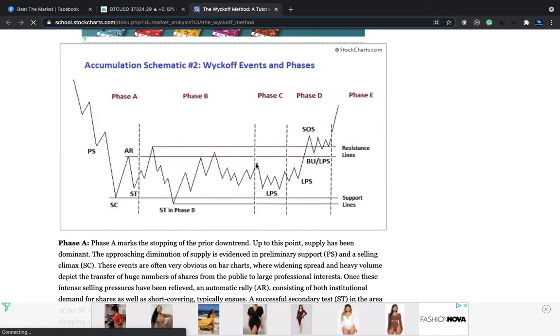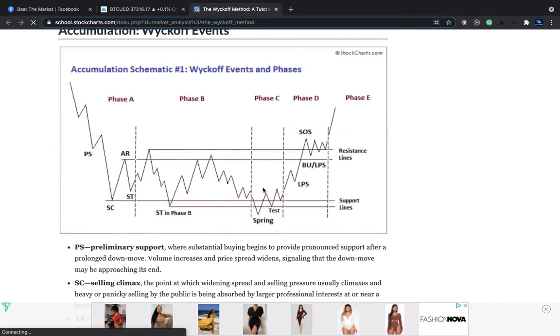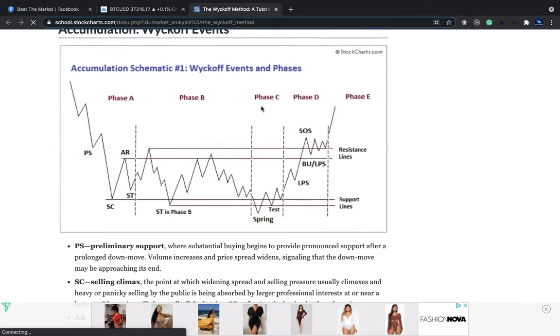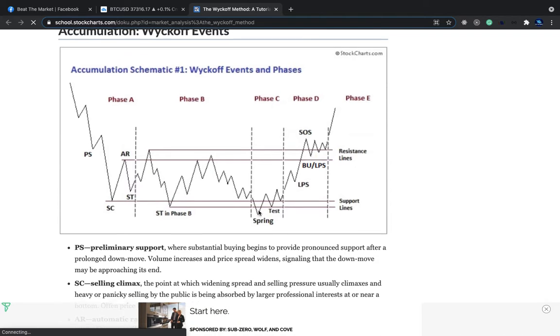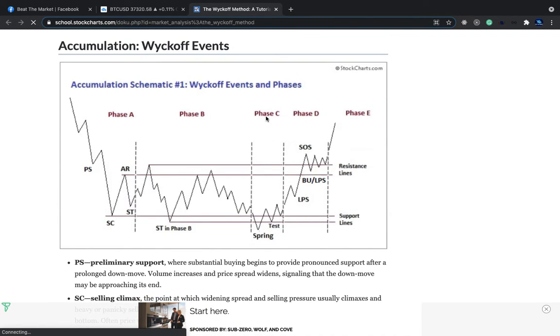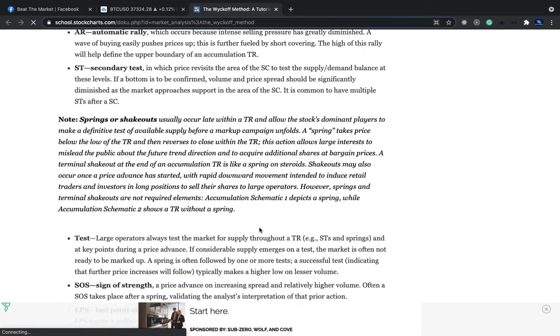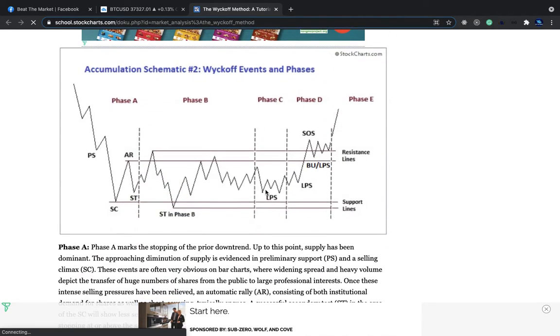As you can see, in schematic number 2, the price action entering phase C is actually moving up, and then a small drop. So not as deep a drop as schematic number 1 would say. In phase C of schematic number 2, the drop is a little less, around the same level as ST.